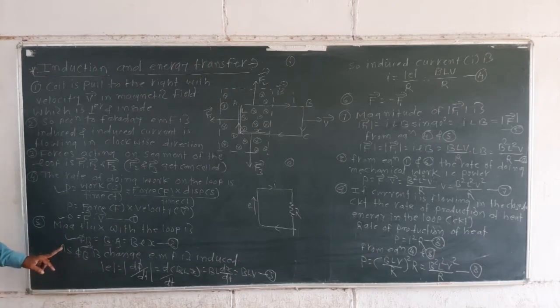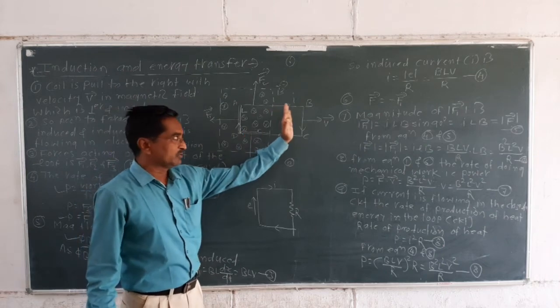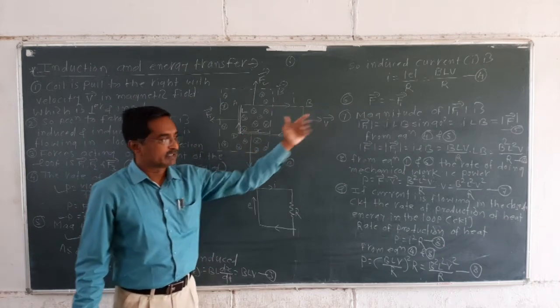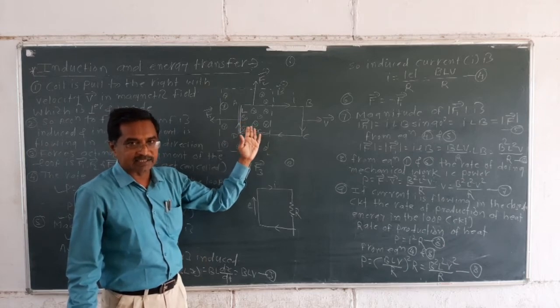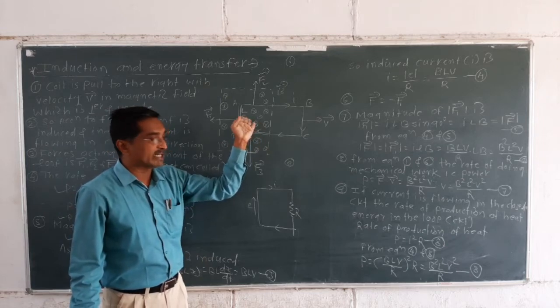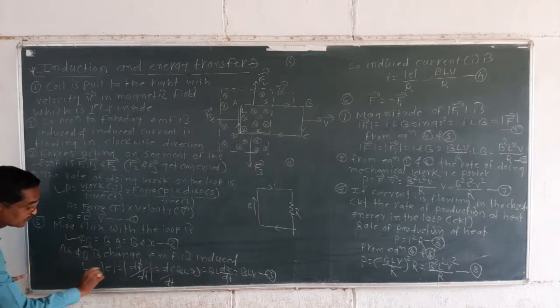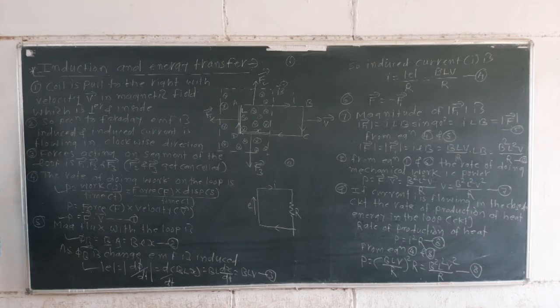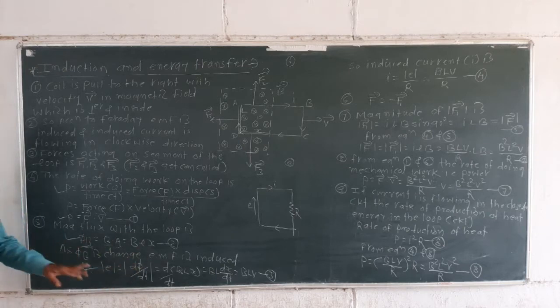Now see, as x decreases, it means when you pull this coil towards the right, this x goes on decreasing, and so the magnetic flux related with this coil also goes on changing, and so EMF is induced. The magnitude of that induced EMF is equal to d phi by dt, not taking the minus sign here, since we take the magnitude.